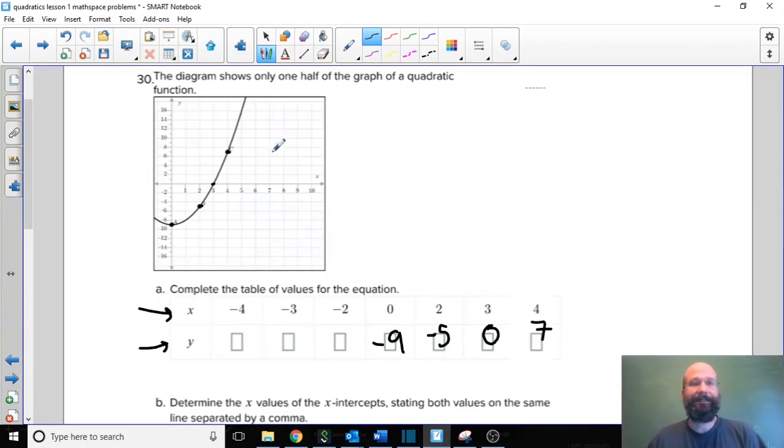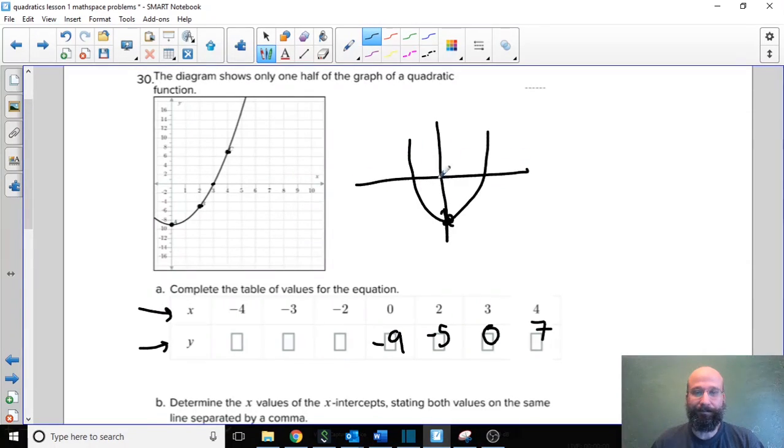So now this one's testing your knowledge of how quadratic equations, functions work. If the lowest point is right on the y-axis, then this half matches this half. In other words, if 2 is -5, well, -2 is going to be the same thing, just on the other side.